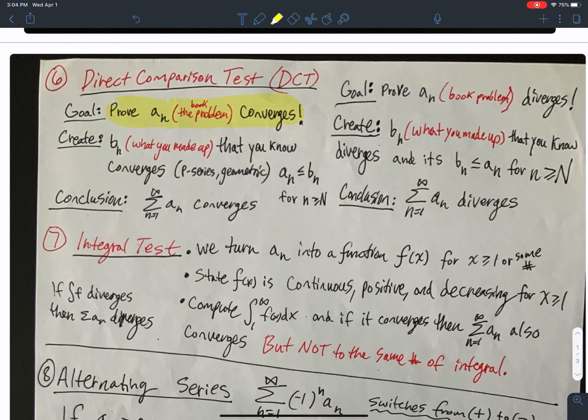It definitely looks like it's shrinking fast enough that this series, the sum, is going to converge. Then what you have to do is create a b_n. You make one up that converges, but that b_n is greater than the a_n you're trying to prove converges. And if you can do that, then you conclude that the series a_n converges.